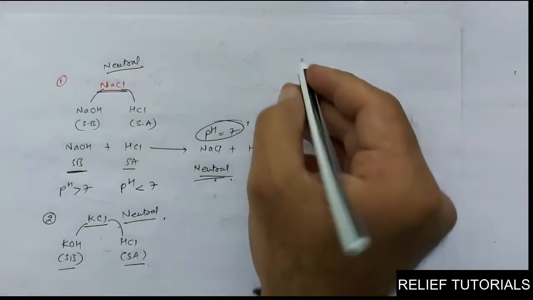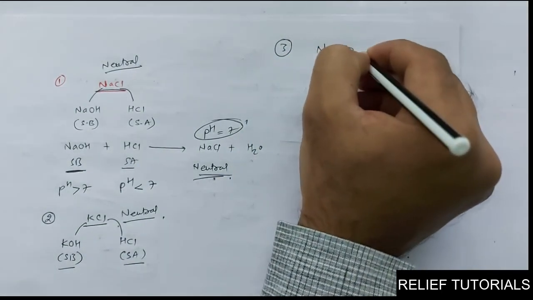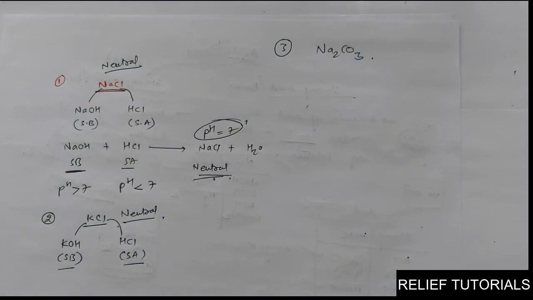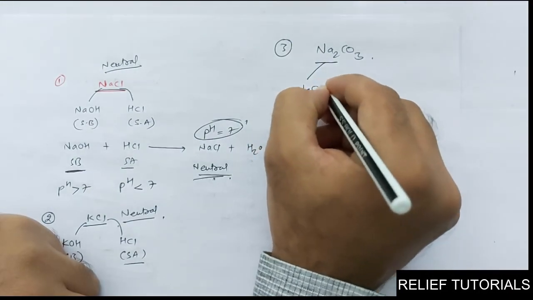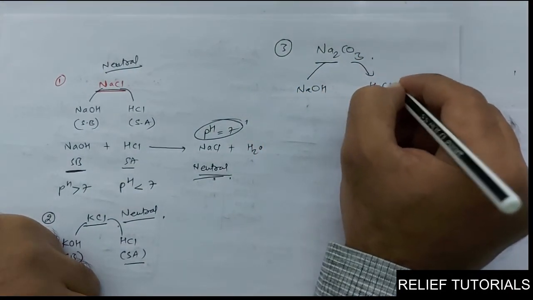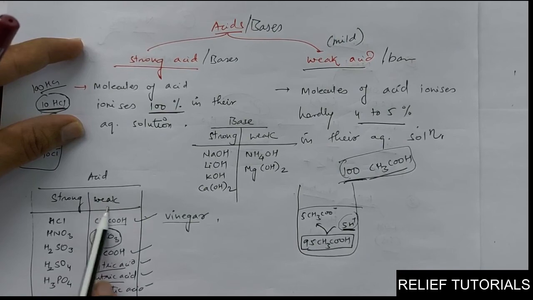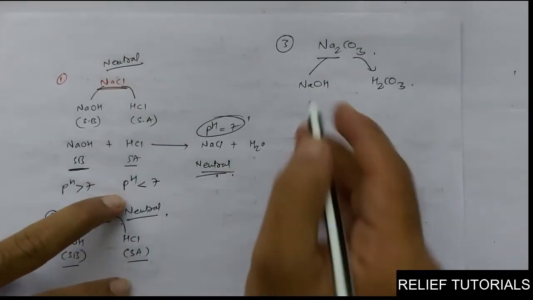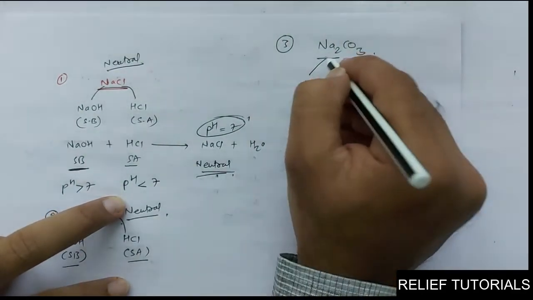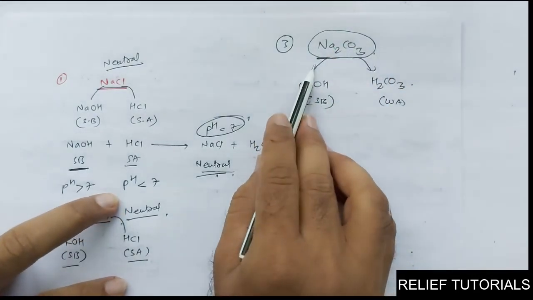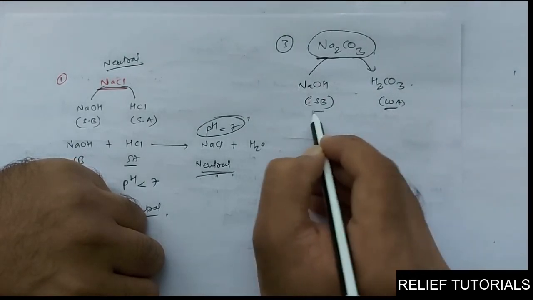If I take one more example, Na2CO3, sodium carbonate. The corresponding base for Na is NaOH and the corresponding acid for CO3 is H2CO3, as we recently made in the list. But H2CO3 is a weak acid, and NaOH is a strong base. So listen to me, Na2CO3 sodium carbonate is a salt obtained by the reaction of a weak acid and a strong base.